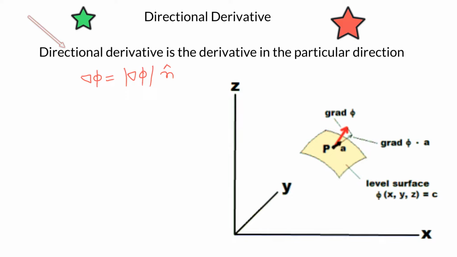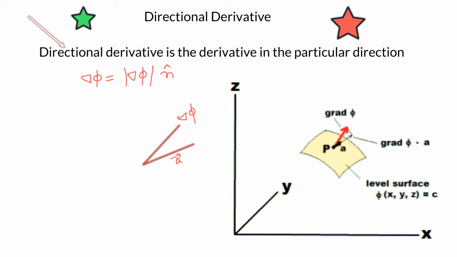So this is the direction of del phi, and this is any direction. I would again plot it here, and this will be the direction of del phi, which is along the normal, and this is direction A. So what will you do?